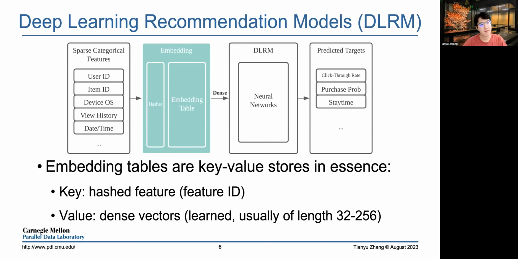The key component of this embedding layer is embedding tables. These are essentially key-value stores, with the keys being hashed features and the values being dense vectors. These vectors are learned representations of the sparse categorical features and are usually of length 32 to 256.